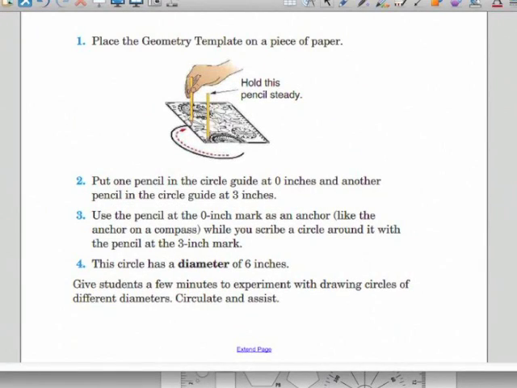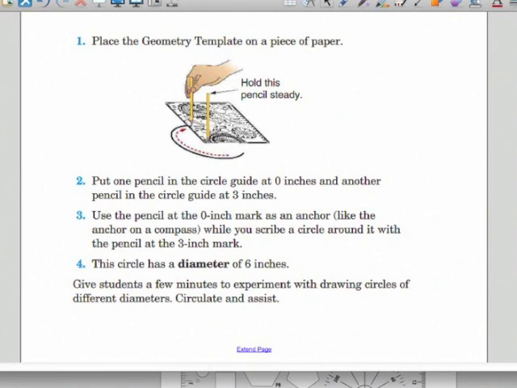First thing I want you to do here is notice that you can actually use your geometry template as a compass instead of using that pointy pencil compass. How you do this is you're going to put one pencil in the circle guide at 0 inches, those little tiny circles, and then one out at 3.